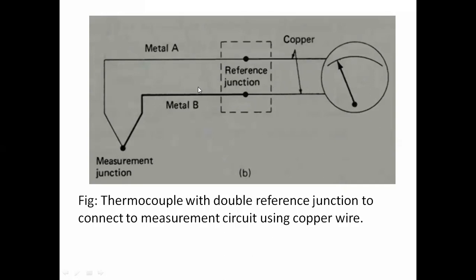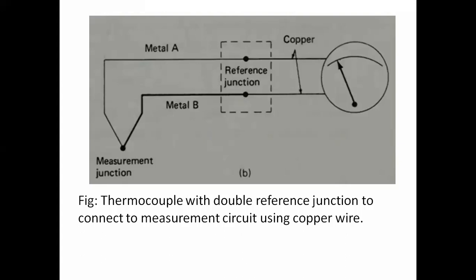This junction is called the reference junction and this is the measuring junction. This particular junction will be placed at the temperature where we have to measure. Because of the temperature difference between the measuring junction and the reference junction, it will produce an output electrical voltage.